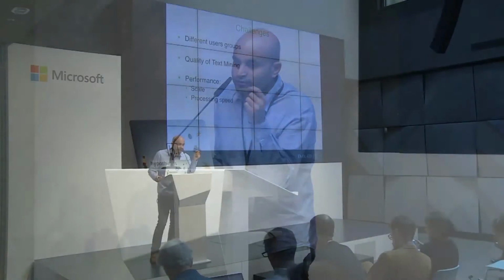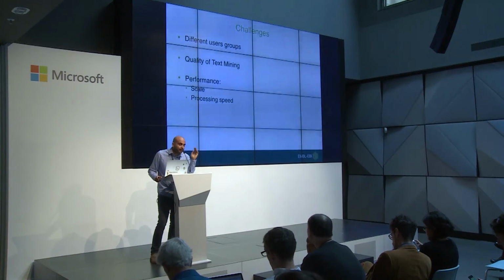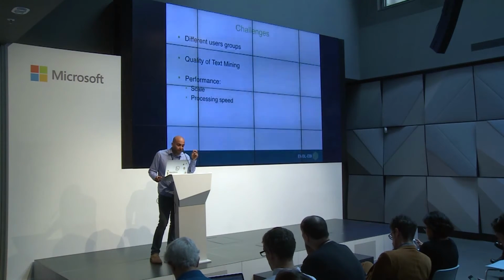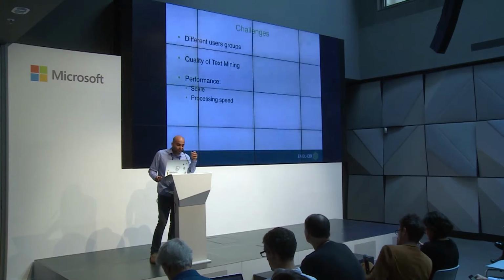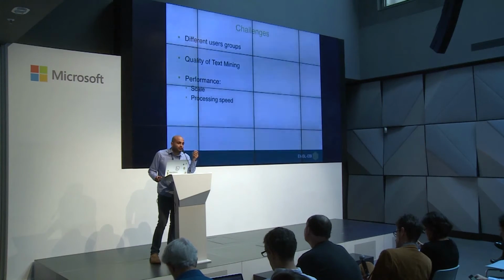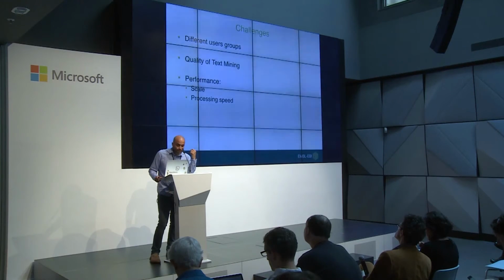And also we need to continuously work on refining the quality of text mining and reduce false positives as much as possible. And since this is a sort of real-time fetching infrastructure, we deal with a lot of performance issues depending on the number of annotations a particular article has.